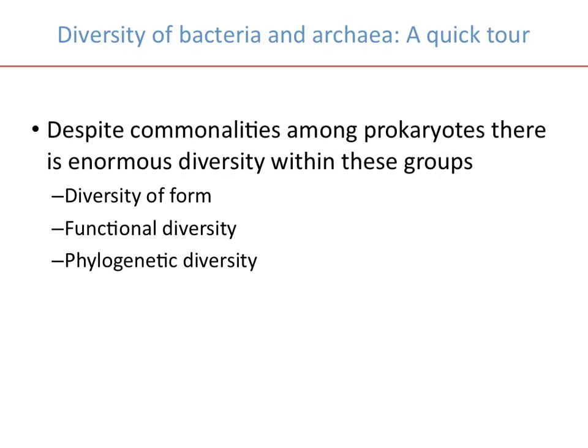There are a few types of diversity that we're going to be focusing on, and we'll see reoccurring themes regarding this throughout the rest of the course. So there's diversity in form, which we won't go into in great detail, a lot of the reason being that there isn't a ton of diversity in form.